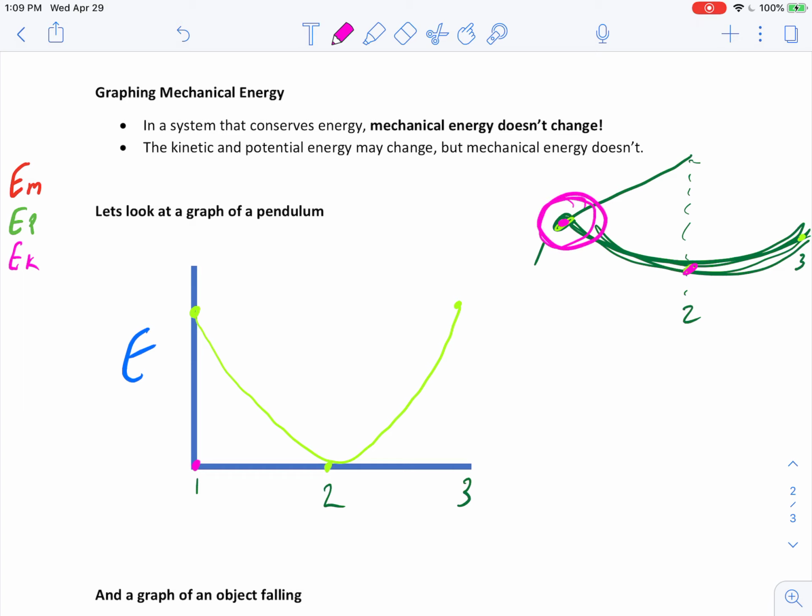This whole entire energy here has to equal the whole entire energy here, which means that this kinetic energy, where potential energy is 0, must equal the total amount of energy. And then again at point 3 it stops for a second, so it goes back to 0. So it looks like the exact opposite for kinetic energy.